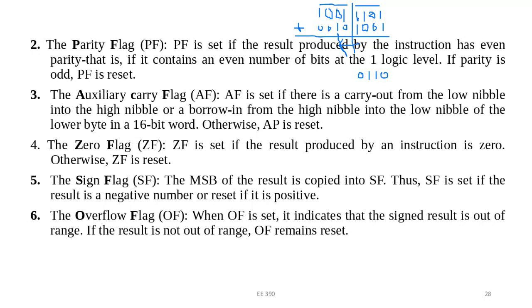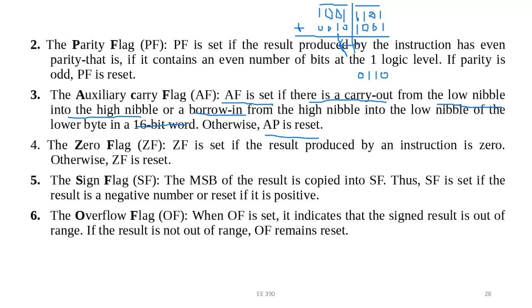The AF flag, auxiliary flag, is set if there is a carry out from the lower nibble into the higher nibble, or borrow in from the higher nibble into the lower nibble of the lower byte of 16-bit words. Otherwise it is reset. But it's not necessary only for 16-bit words. It's for 8-bit also, 8-bit or 16-bit. Otherwise the auxiliary flag is reset.